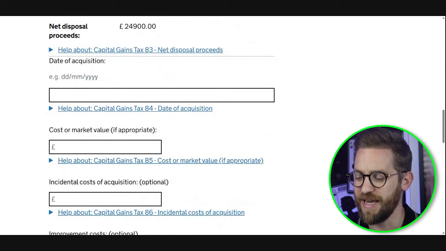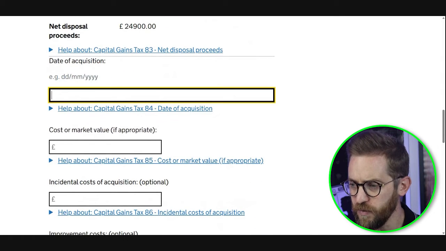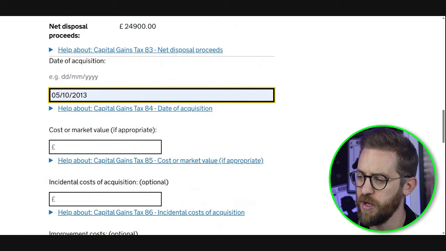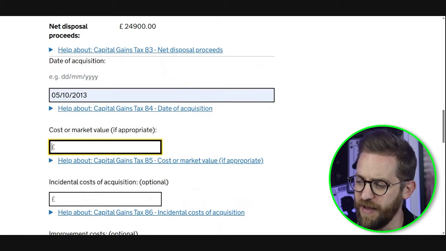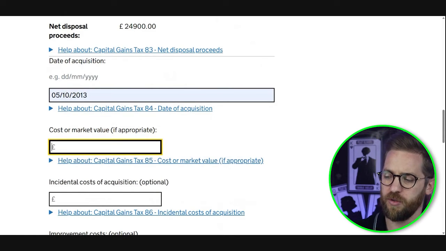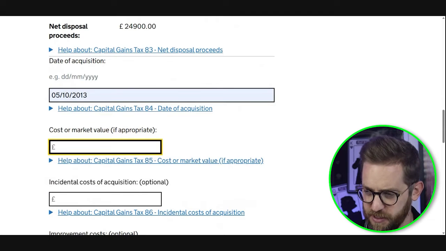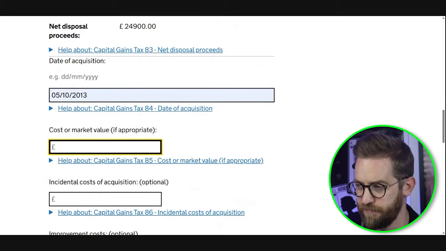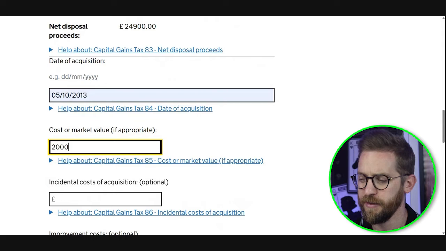We'll then need to provide a date of acquisition. So let's go with 2013. So we've held them for 10 years or nearly 10 years or so. And then cost or market value below. So the cost is quite easy. If I purchase them for, let's say, £2,000 back then, that's quite easy.